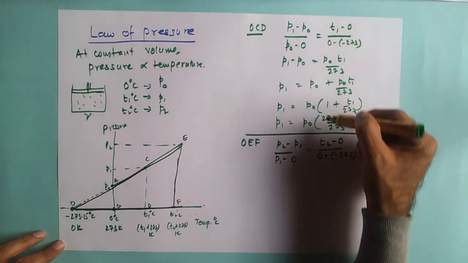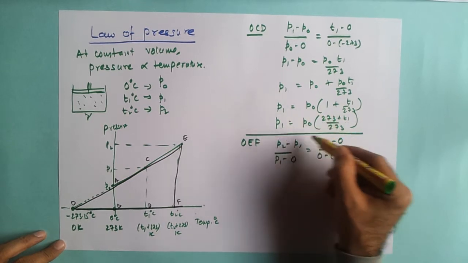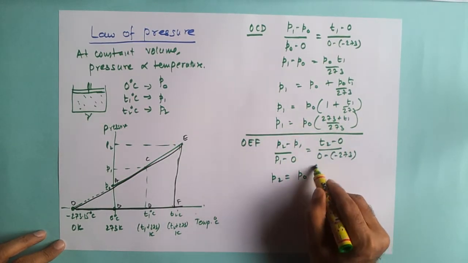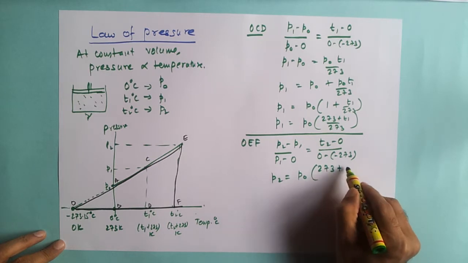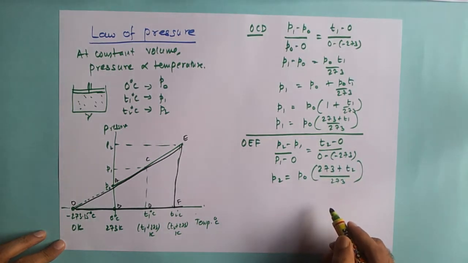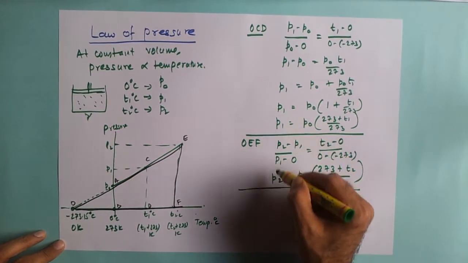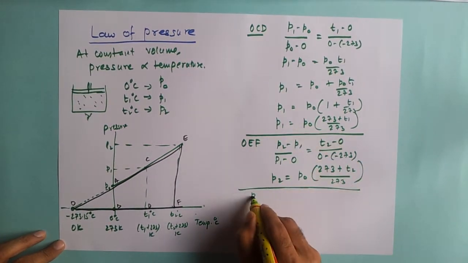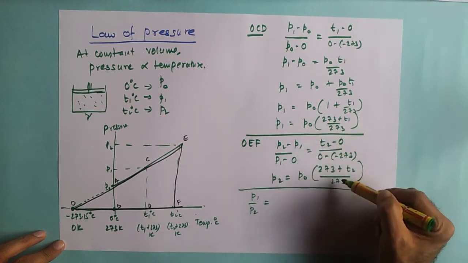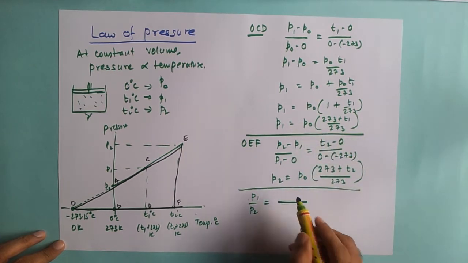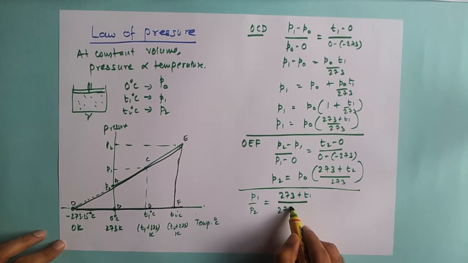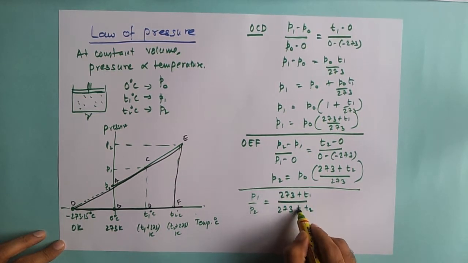Again, if I do the same calculation, I'll directly write this equation: P2 will be equal to P0 into 273 plus T2 upon 273. Now if I take the ratio of these two equations, P1 upon P2 is equal to, P0 gets cancelled, 273 gets cancelled, so I get 273 plus T1 upon 273 plus T2.